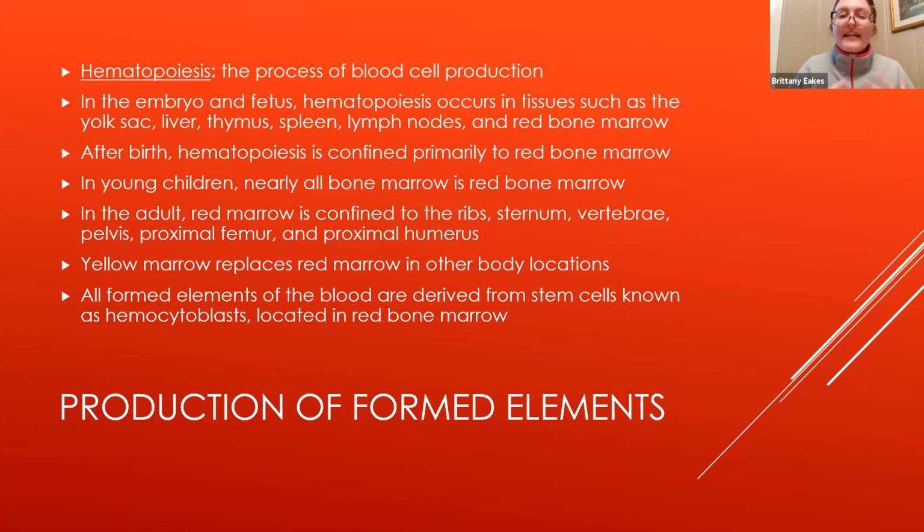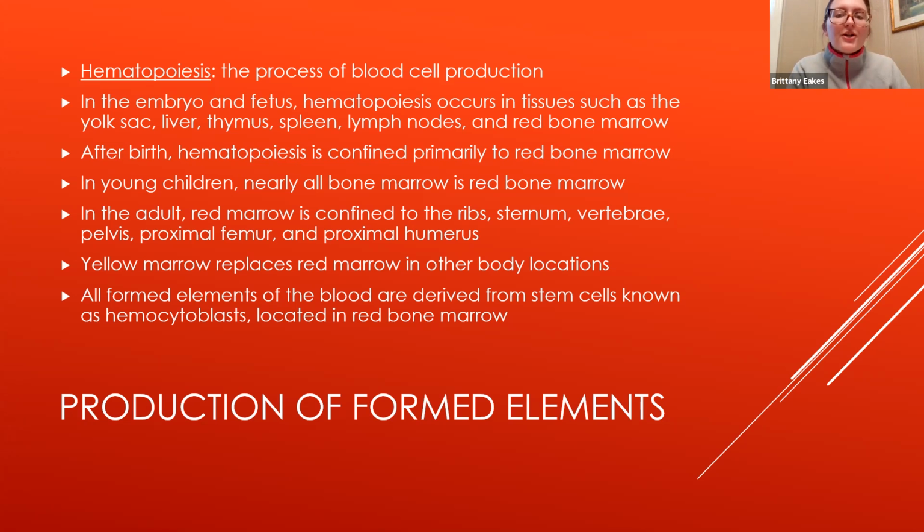After an infant is born, that process of blood cell production is confined primarily to red bone marrow. In young children, almost all of the bone marrow is red bone marrow. Remember, there are two different types of bone marrow, red and yellow. Red bone marrow is where all of your blood cells are produced.